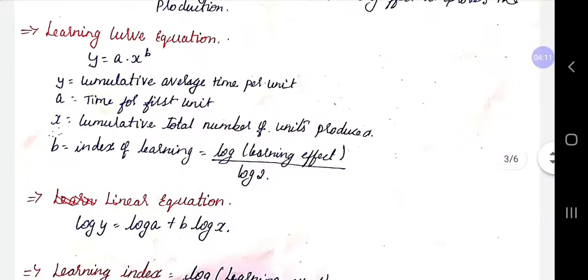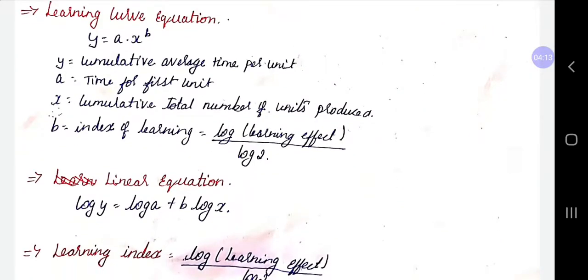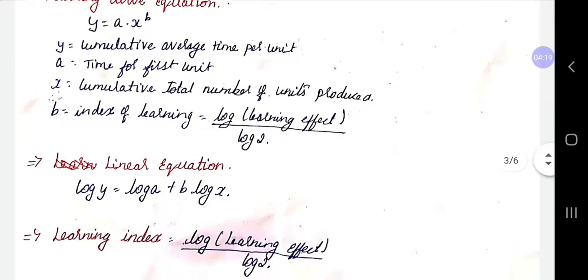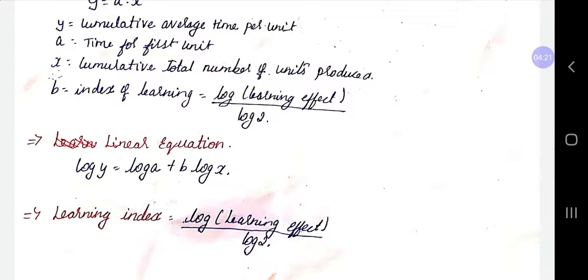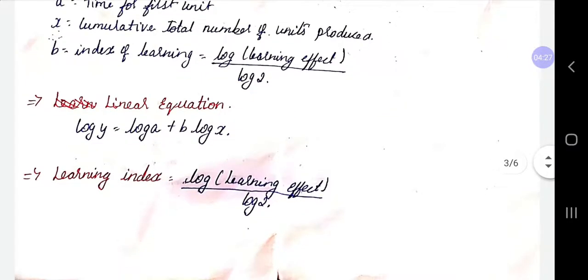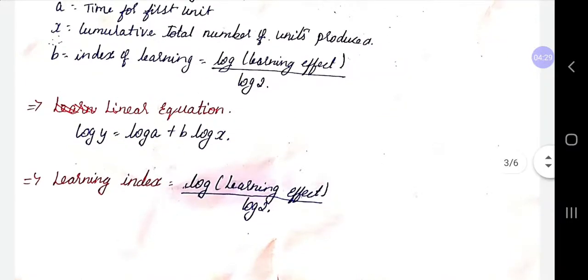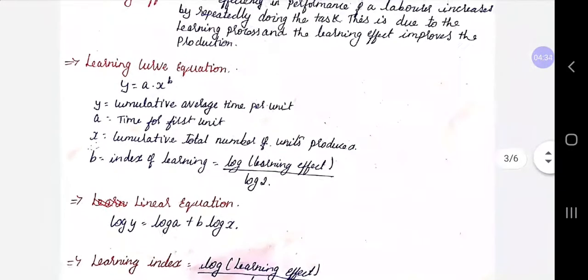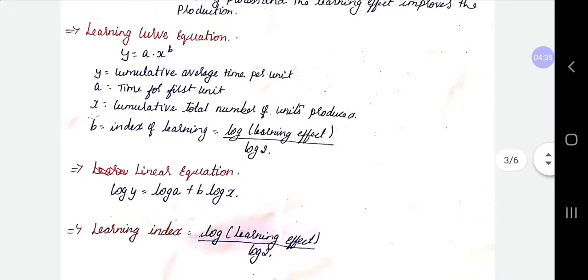B is the index of learning, that is log learning effect divided by log 2. This is standard. Now the learning equation: log y is equal to log a plus b log x. Log index is log learning effect divided by log 2. These three formulas you need to read very carefully and learn by heart.